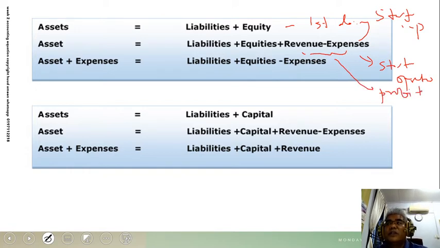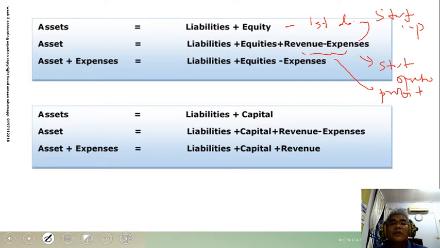So when you sell something, you get revenue, and also you have to pay such amount of expenses. So asset equals liability plus equity plus revenue minus expenses.